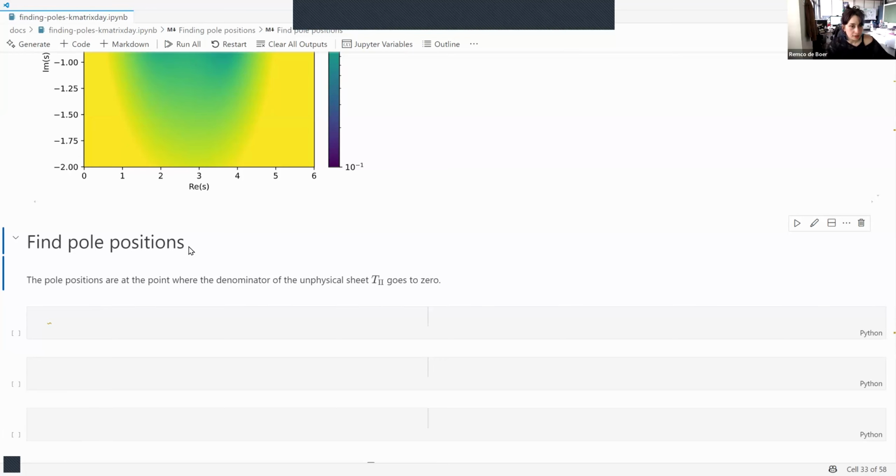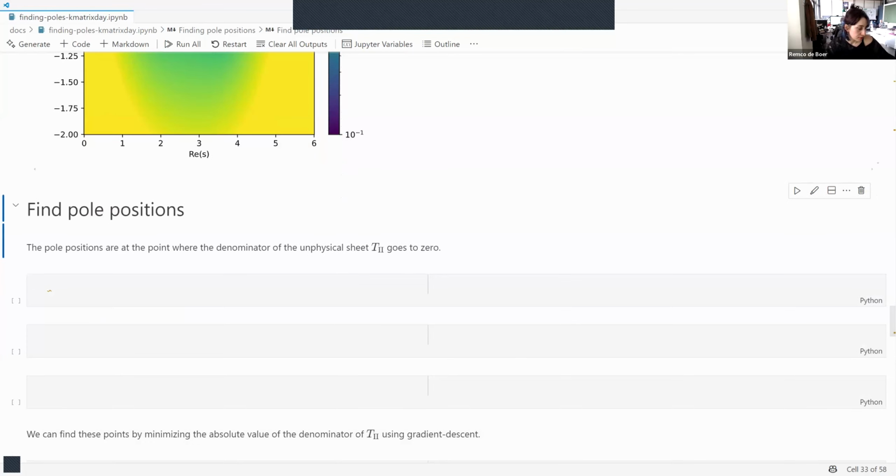Okay, back to finding the pole positions. As I said before, I will use Minuit. What do I need to use Minuit? I need an initial guess first to start Minuit, and I need a cost function to minimize. For the cost function, I will pick the denominator function, but the absolute squared of this.